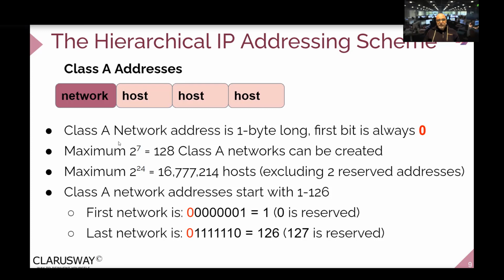So for Class A, the network IDs are going to go from 1 to 126 inclusive. That's going to be 126. Although you can say 128 can be created, we're actually only creating 126 because 0 is reserved and 127 is reserved.